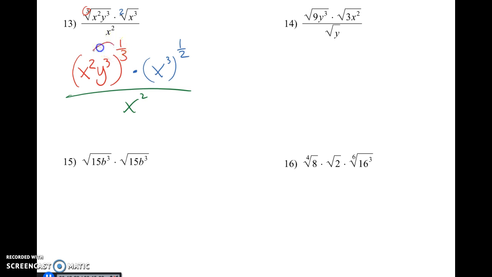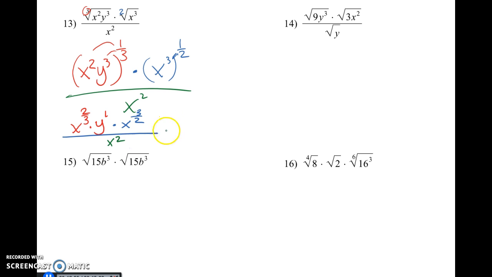So if I distribute this exponent here, I'm going to get x to the power of 2/3 times y to the power of 3 divided by 3 is 1. Here, if I multiply them, I would get x to the power of 3/2 all over, and again, x squared.